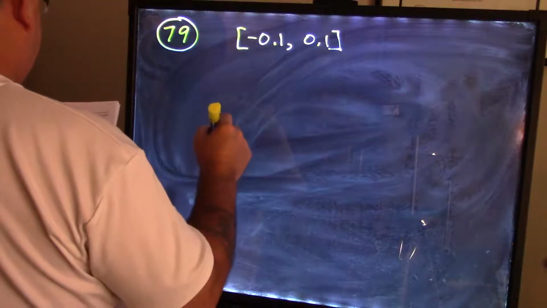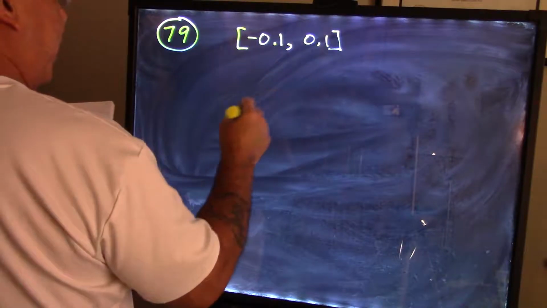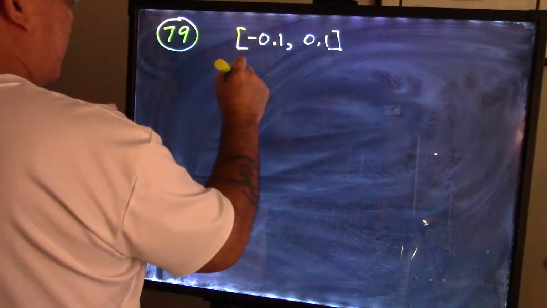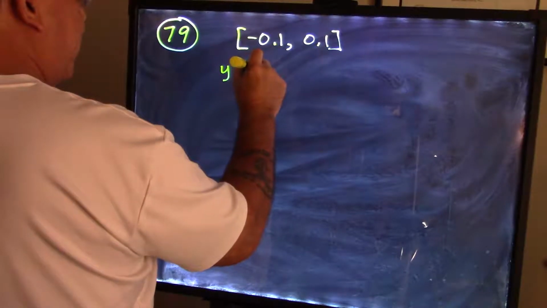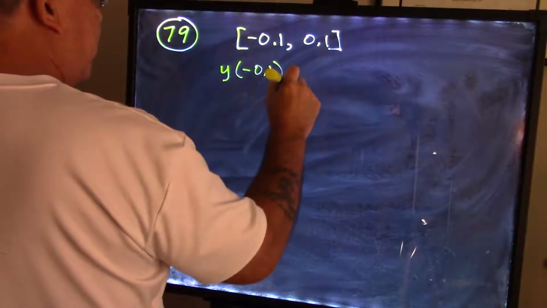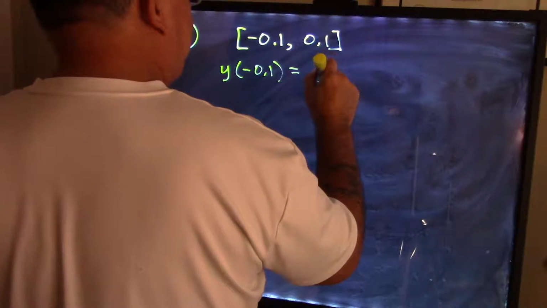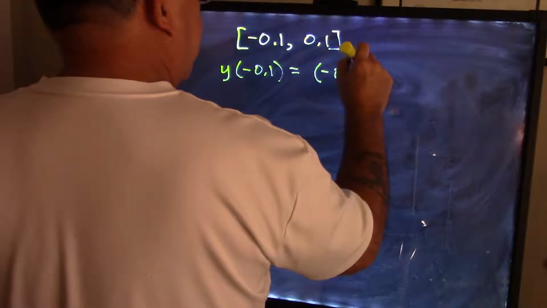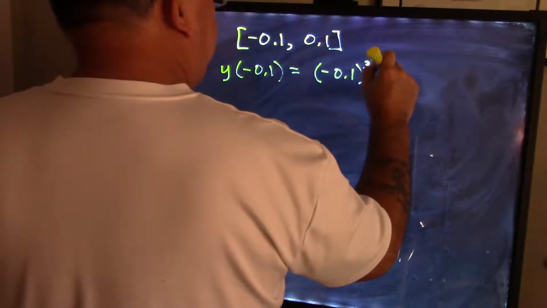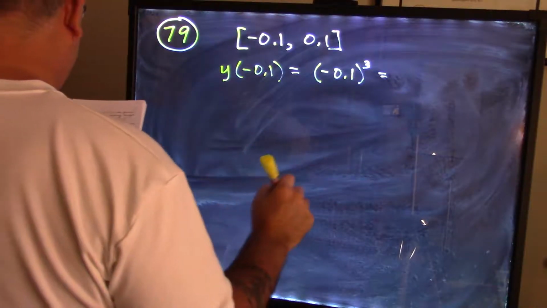Evaluate the function at the endpoints of this domain. You've got y of -0.1. That equals -0.1 cubed. You can punch that into a calculator if you want.